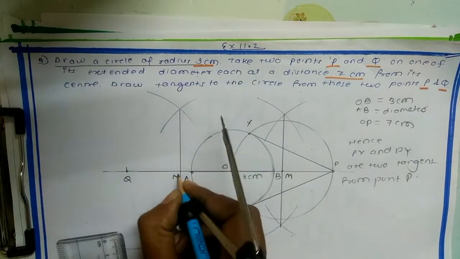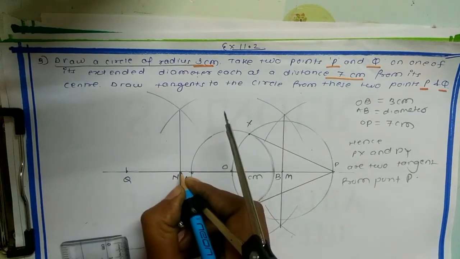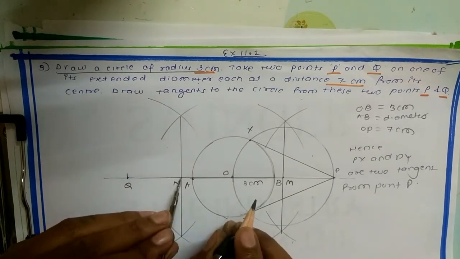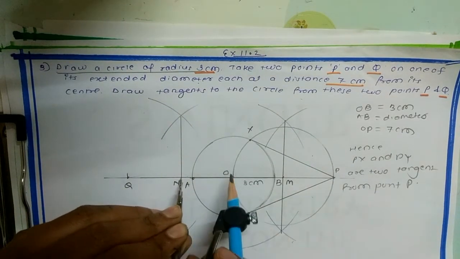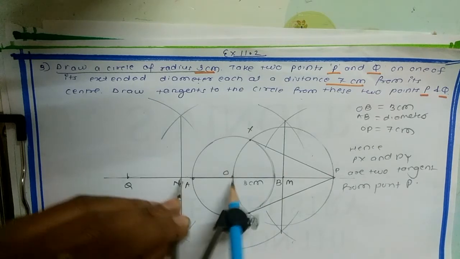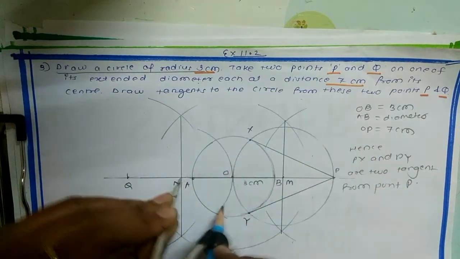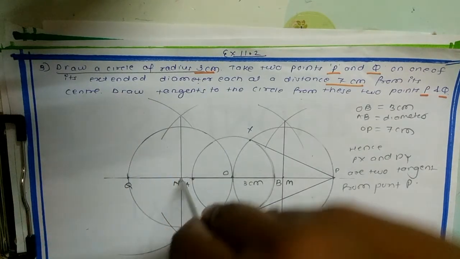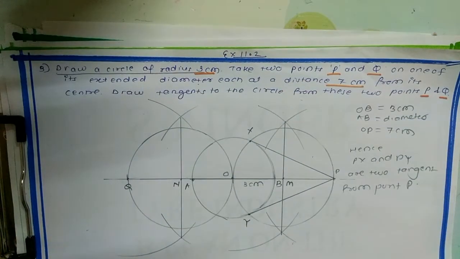Here I'll name the midpoint of OQ as N. Now as you have got the midpoint, take ON as a radius and draw a circle which will pass through O and Q. So here you can see I have completed the circle.